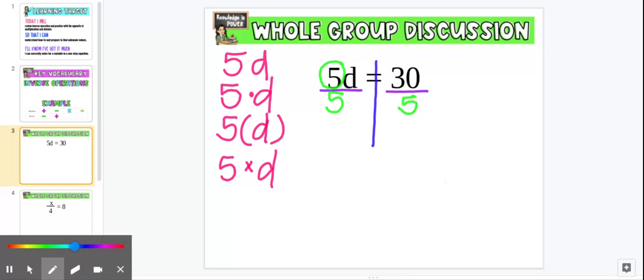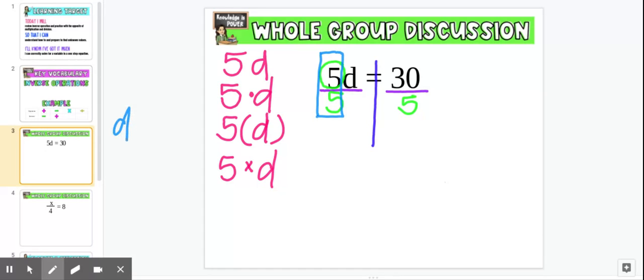Because what's happening here is we are creating a giant 1, because anything times 1 is itself. So D times 1 equals D. Remember, we are trying to isolate our variable.